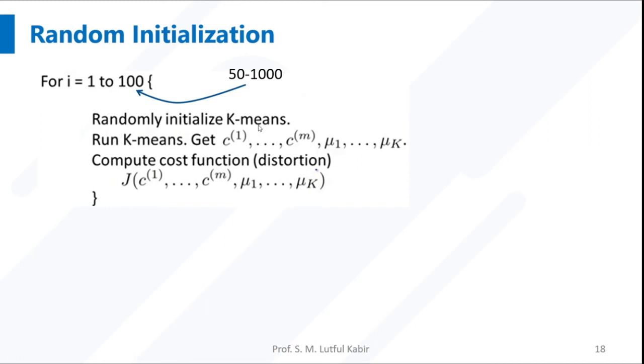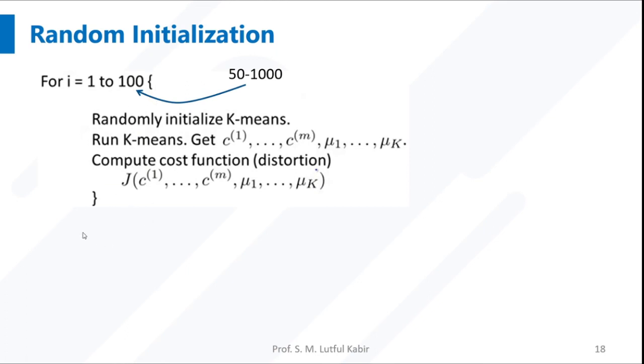We have not yet discussed how to determine the number k. But if you decide the k value, then you initialize randomly, run k means, get c1 up to cm, mu1 up to muk, and compute the cost function.